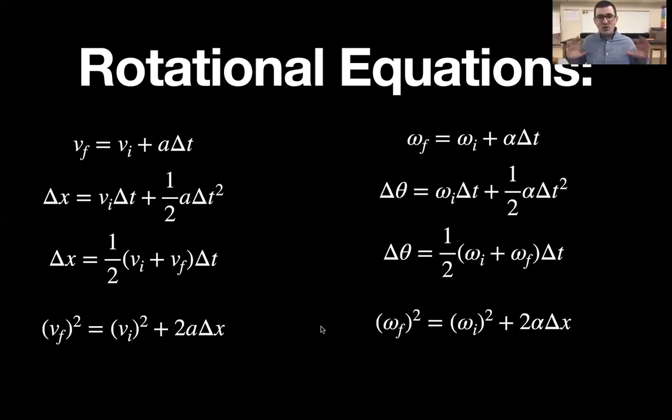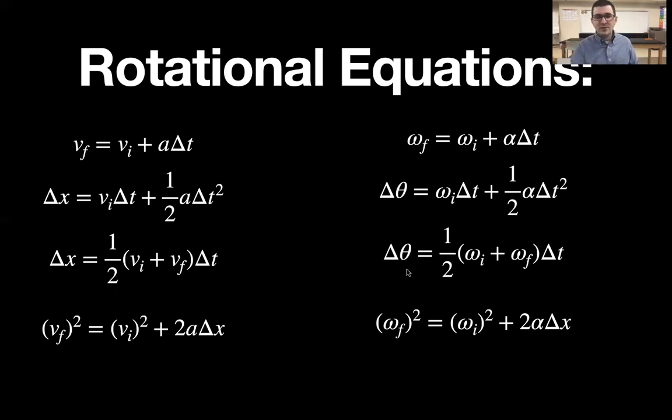And then we have a whole slew of tools that we can use to solve for a whole variety of different quantities. So you'll notice that these equations are exactly identical to the uniformly accelerated motion equations, except instead of linear velocity, we have angular velocity. Linear acceleration, we have angular acceleration, and change in position, we have change in the angular displacement.